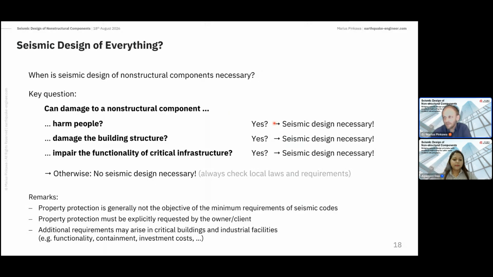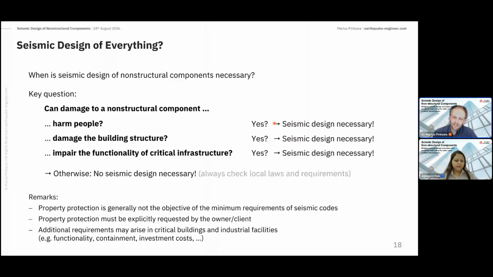Maybe you don't have a second component in your stock, then you need to order it, and it can be that it takes 1 year or even longer until you get this component replaced. If this would mean that your facility is not running for months or a year, which happened in several earthquakes, then this is very critical, and you might require higher seismic safety levels.